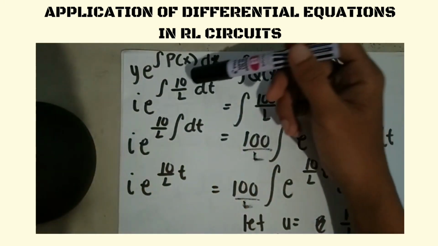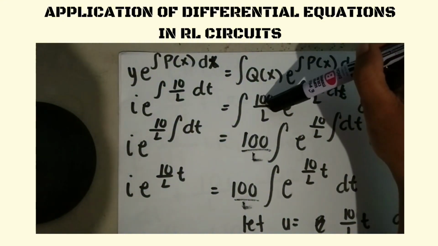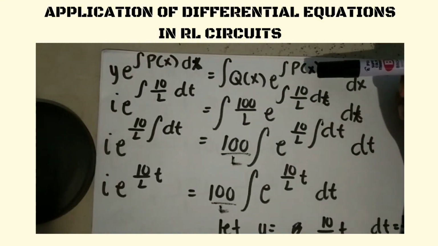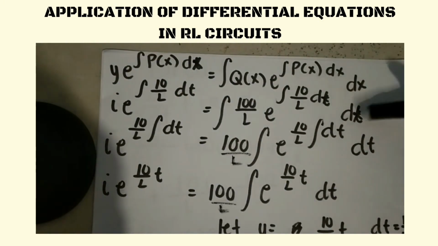Substituting, I times e raised to the integral of 10 over L dt is equal to the integral of 100 over L times e raised to the integral of 10 over L dt.